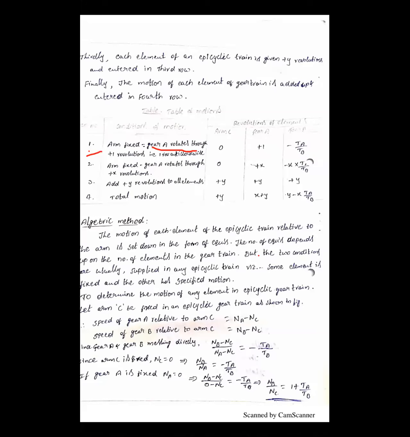That means anti-clockwise direction. Let us see that. This is the gear wheel A and gear wheel B.